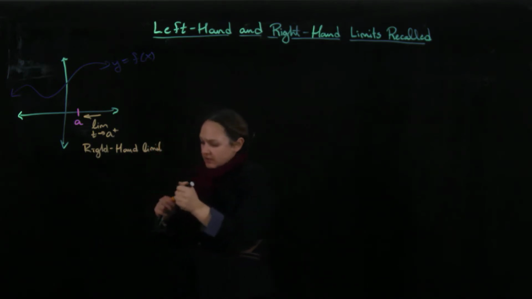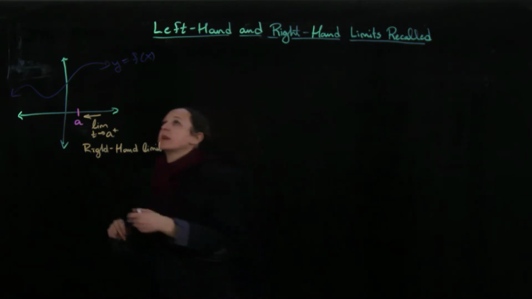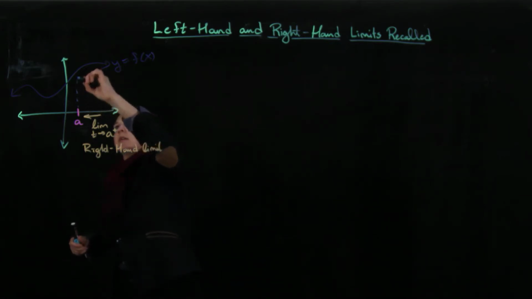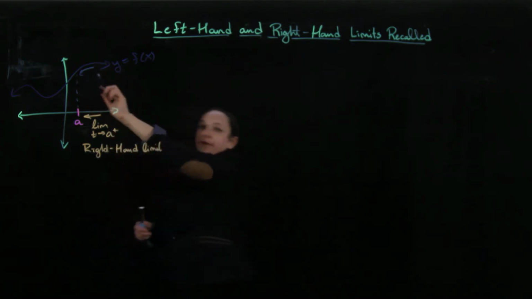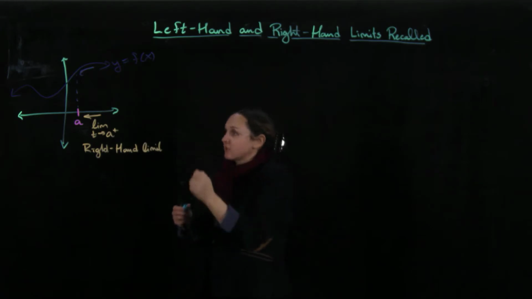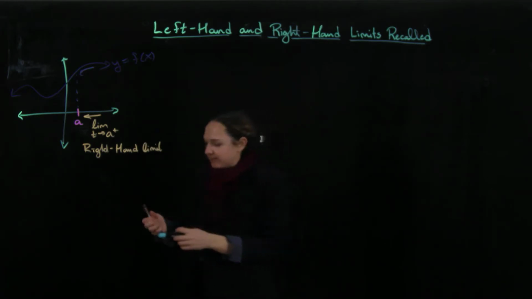And what we're actually looking for as an output is what happens with y equals f of x, like what value it's approaching. So in this circumstance, it's totally fine because it's a finite value, but it might actually be infinite.